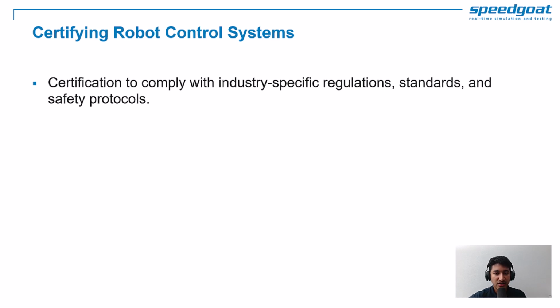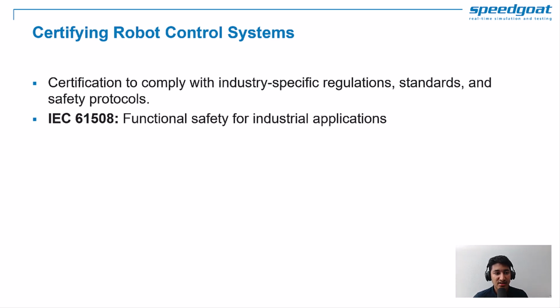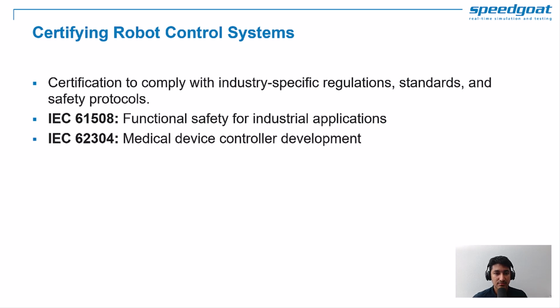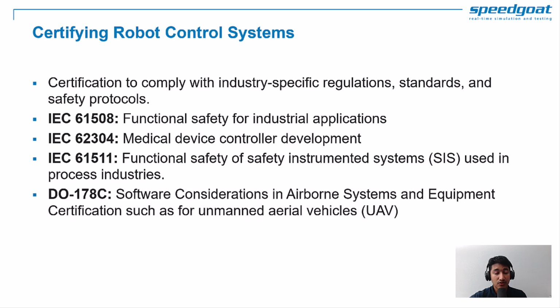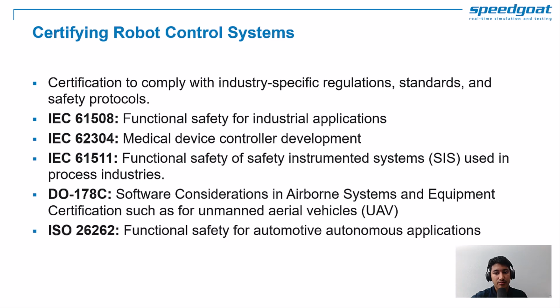The MathWorks Speedgoat ecosystem provides toolboxes for certification standards such as IEC 61508 for functional safety for industrial applications, IEC 62304 for medical device controller development, IEC 61511 for functional safety of safety instrumented systems used in process industries, DO-178C for software considerations in airborne systems and equipment certifications such as for unmanned aerial vehicles, and ISO 26262 for functional safety for autonomous applications.